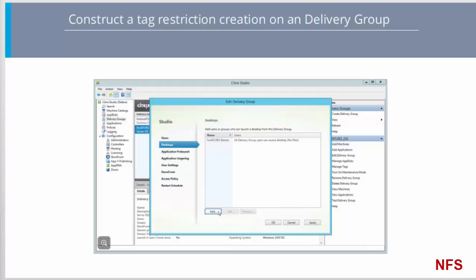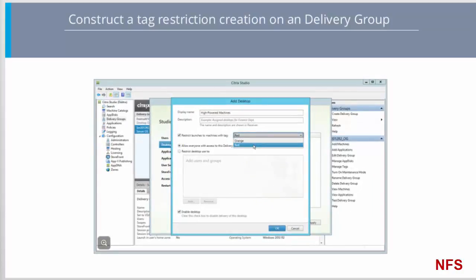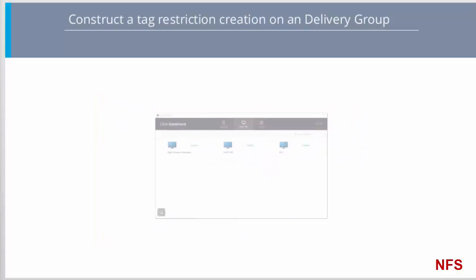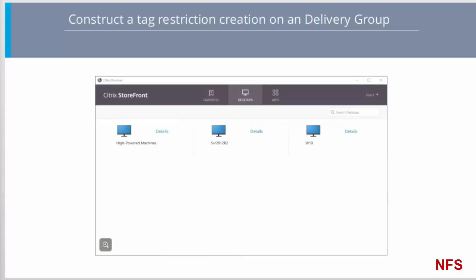Click Add or Edit on the desktop's page. In the Add Desktop dialog box, select the option Restrict Launches to Machines with the tag, and then select the tag from the drop-down, then click OK. The tag-restricted delivery group is now available to the specified users, and the only machines that will launch are those that have been tagged red.